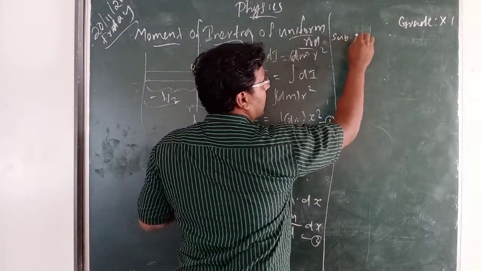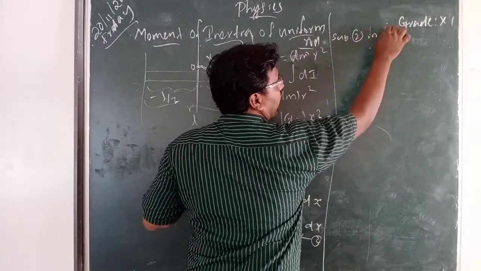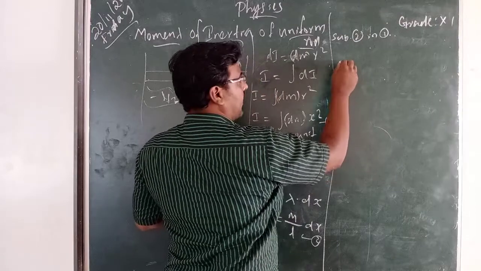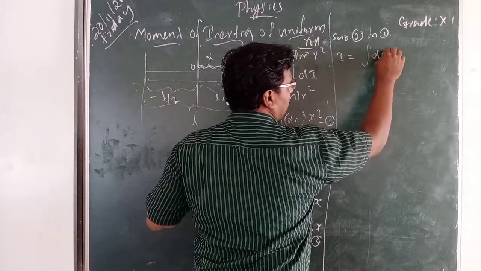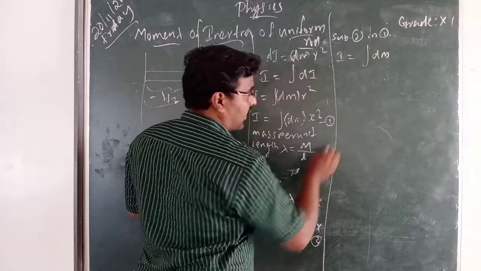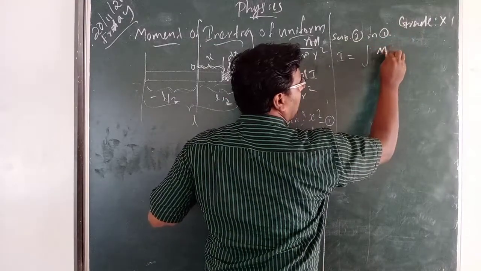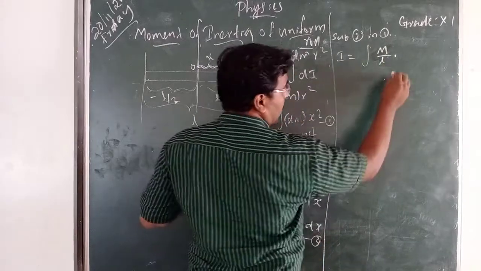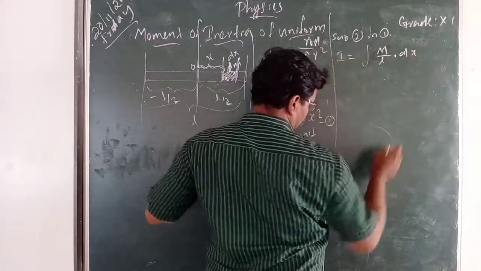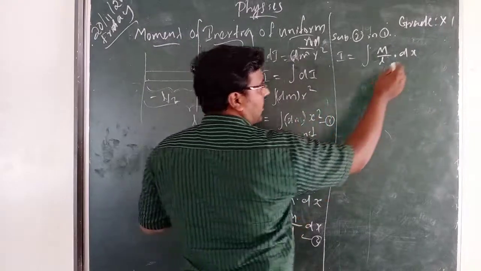Substitute 2 in 1. So what we will get? I equals integration of dm, that is M by L into dx into x square.